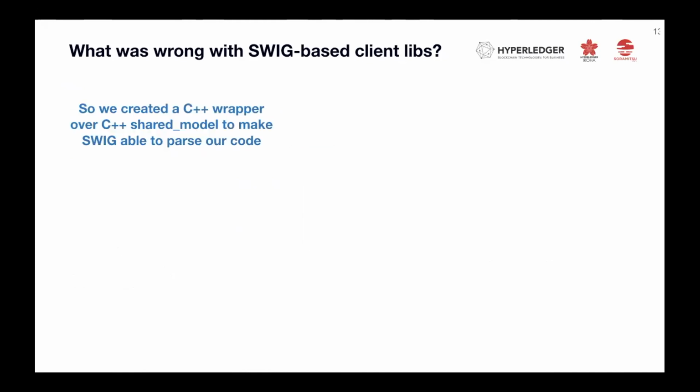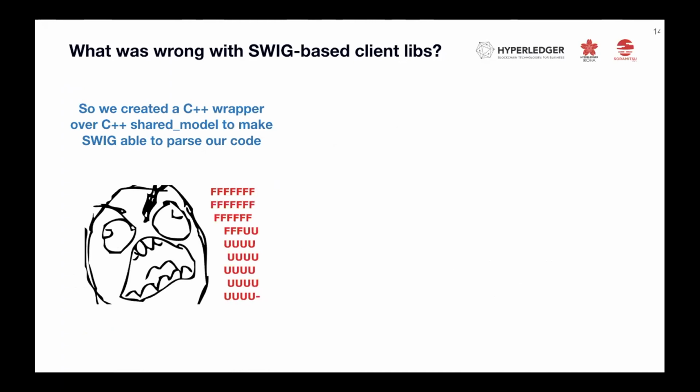It was not too bad, but to be able to deal with SWIG and have it at least work, we created a separate C++ wrapper around our C++ shared model, which is our actual native C++ library, to make SWIG able to work.